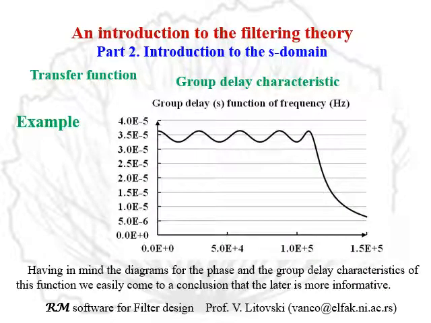Here is the group delay of the filter we are following. One can notice the difference between the phase and the group delay characteristic. So the phase characteristic was a linear one, but one couldn't see that, in fact, this linearity is hiding a variation which could not be seen by the naked eye.